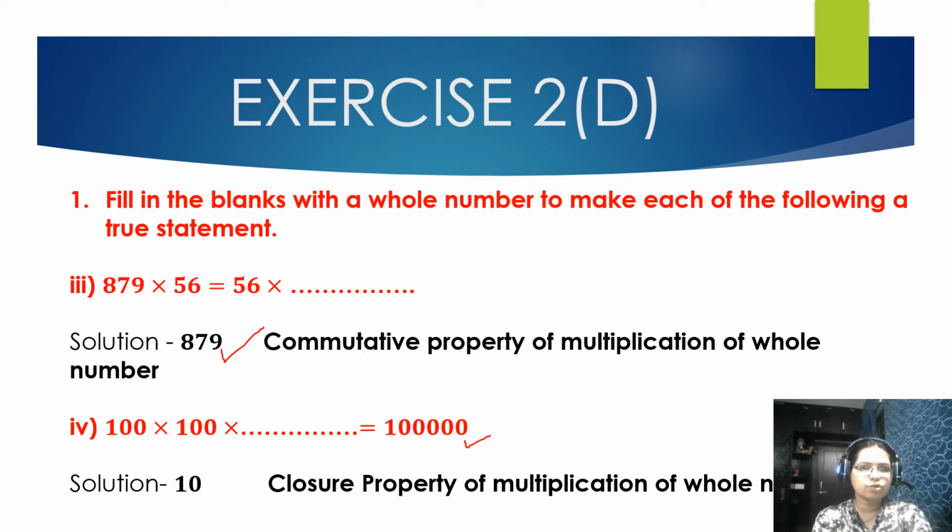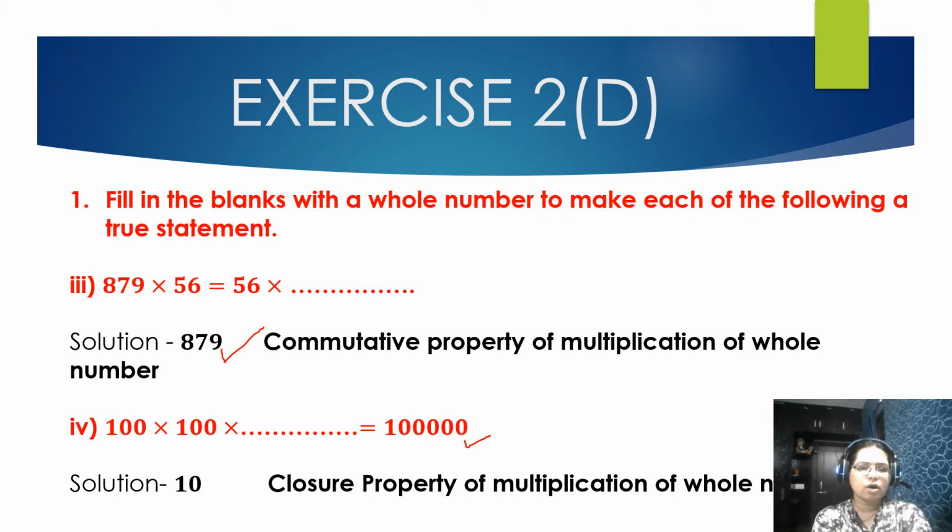Then the total zeros on the left hand side is 2 plus 2 equals 4.